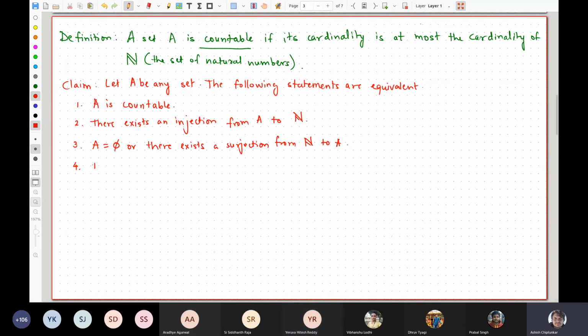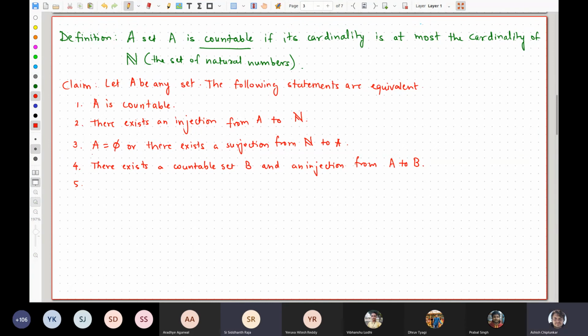So there exists a countable set B and an injection from A to B. And what is the fifth condition now? What can I say in terms of surjection using the same idea? There exists a countable set B and there exists a surjection from B to A.